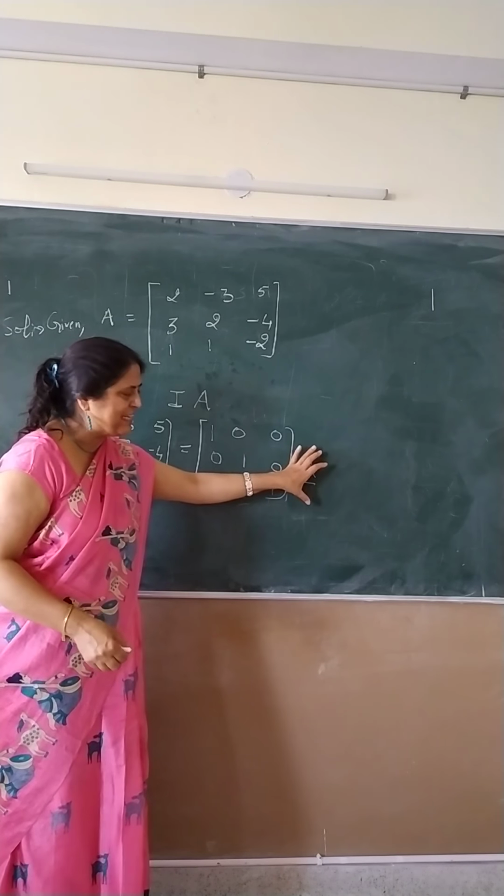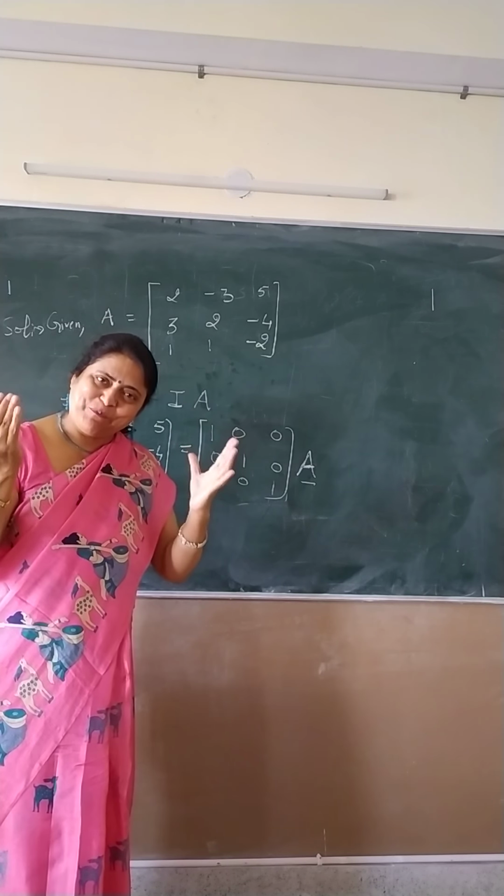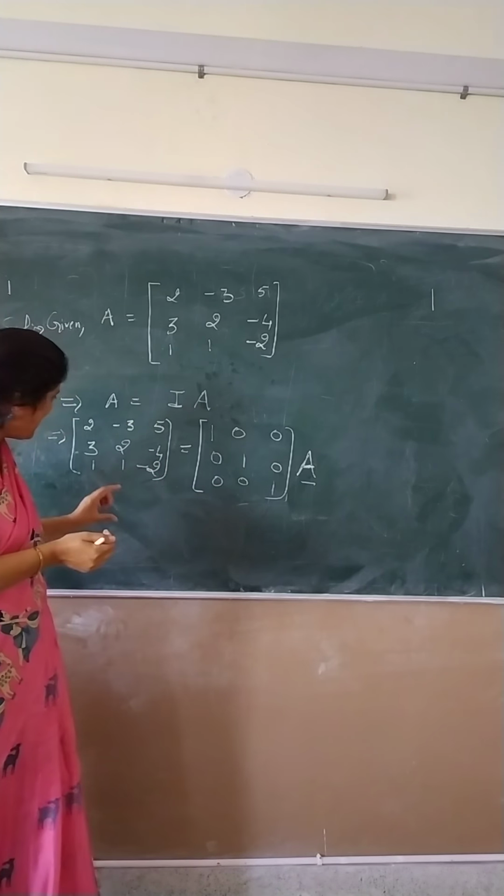Now students, what do we have to do? We have to apply elementary row operations and make this matrix an identity matrix. And the same operations you have to apply on this side also. Then when you get the identity matrix here, you will get some matrix into A on this side.